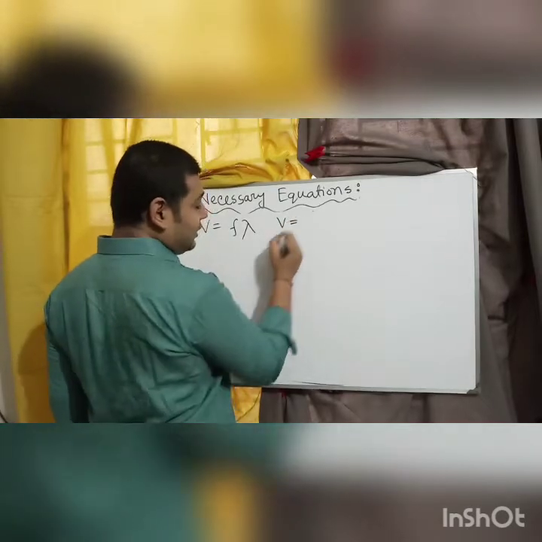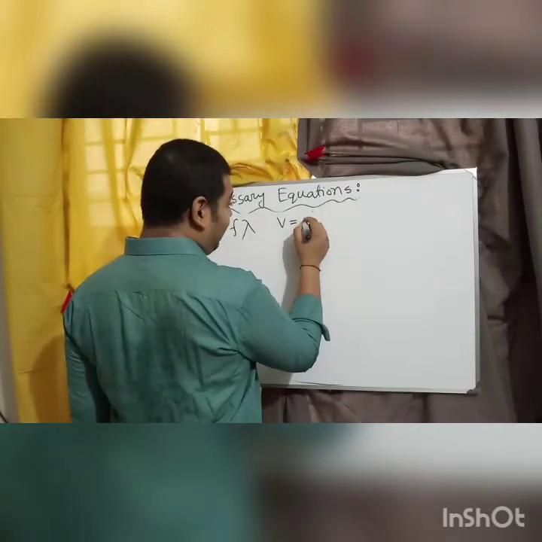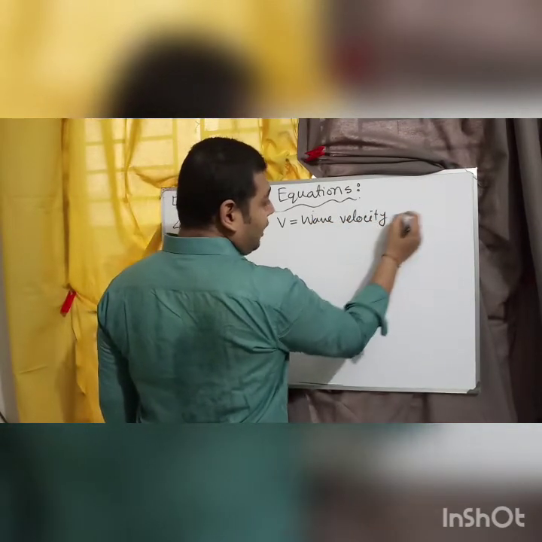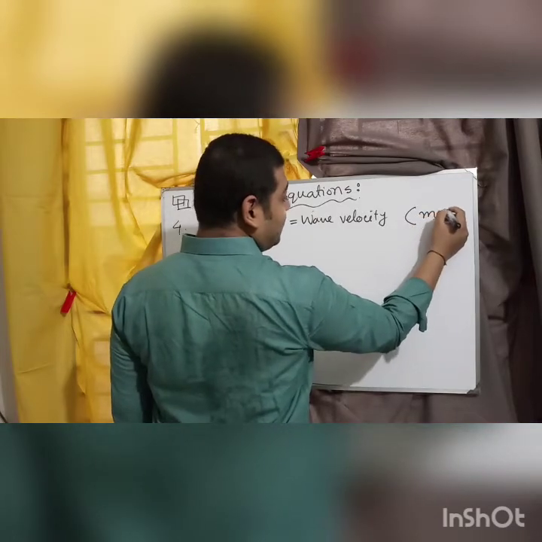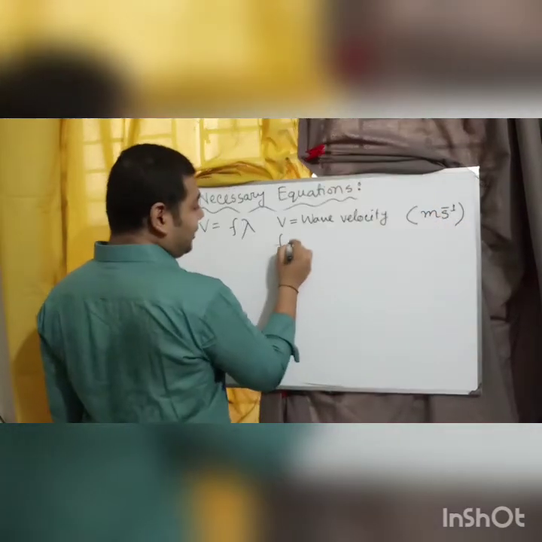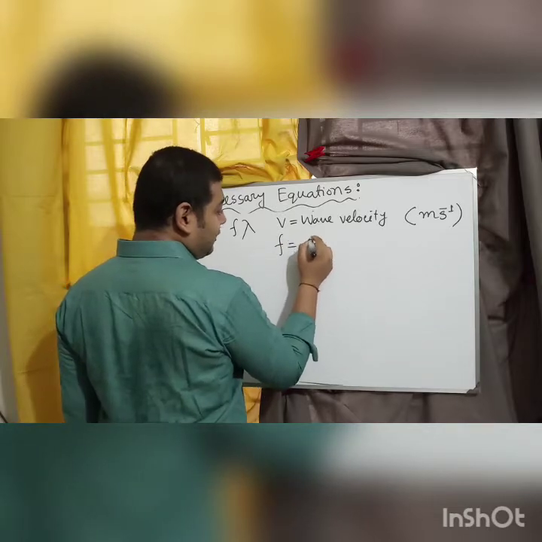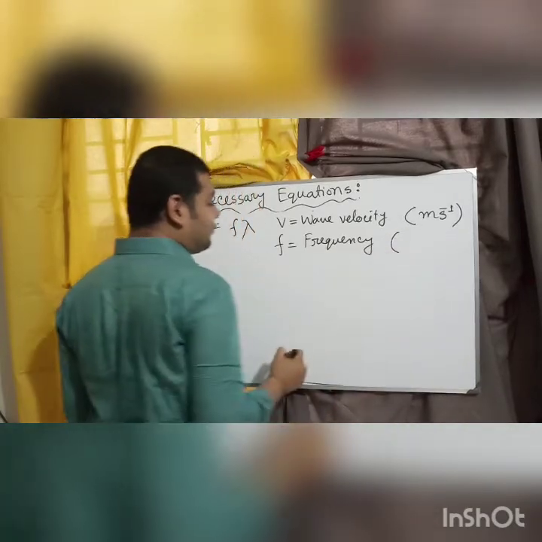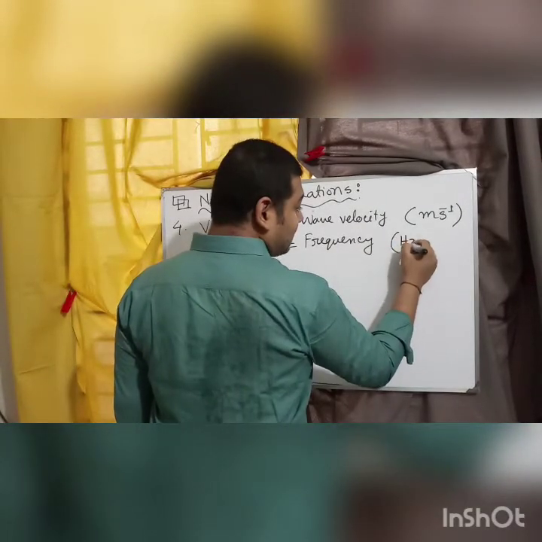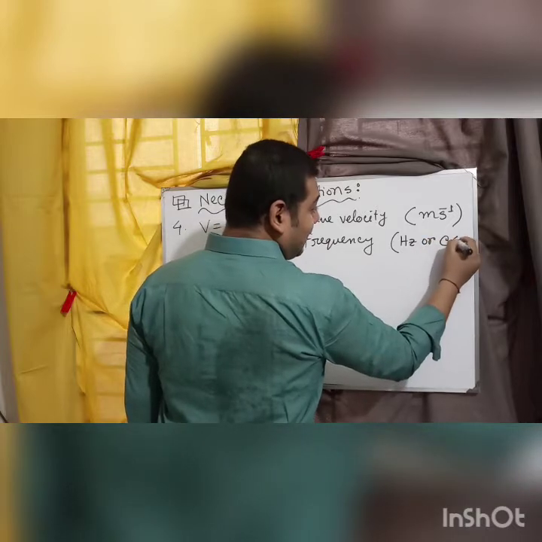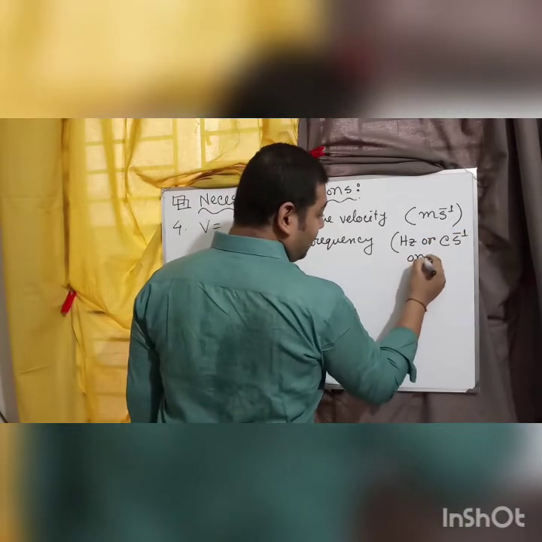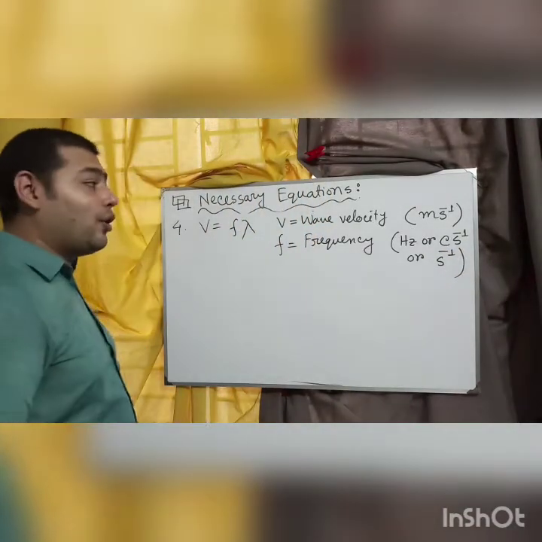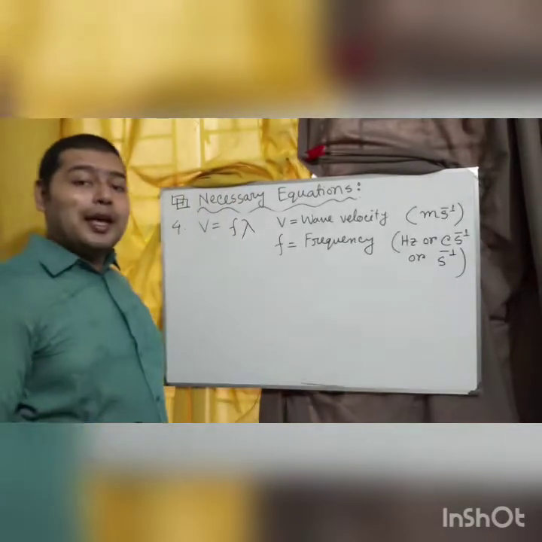Here v is called wave velocity, and the unit of wave velocity is meter per second. f is called frequency, and the unit of frequency is hertz or cycle per second or only per second. You have to know all these three units for MCQ.